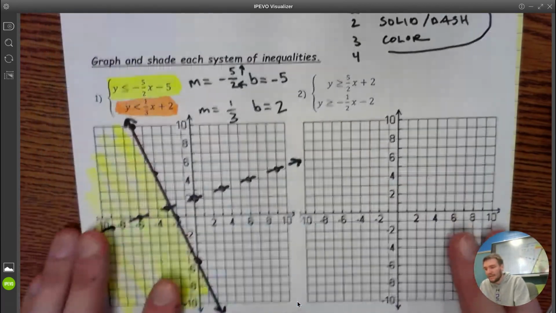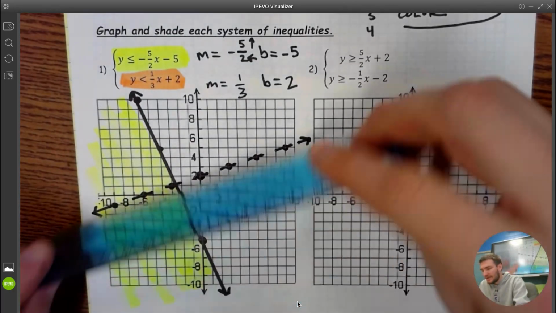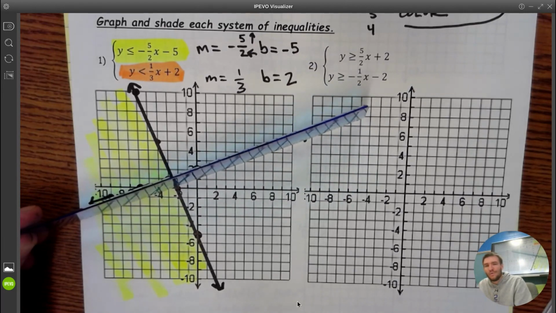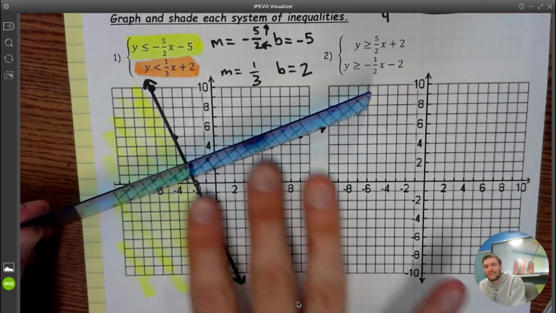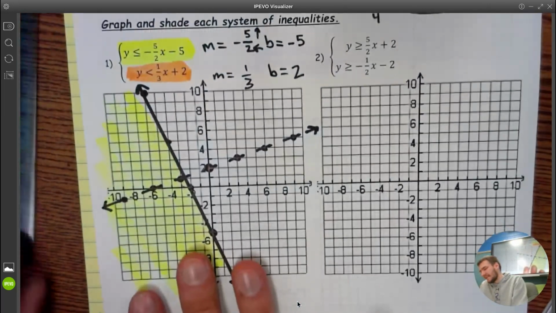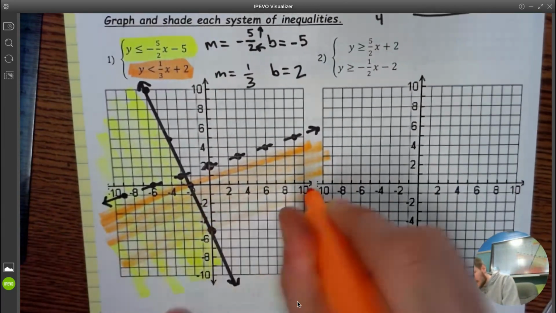So I need to color below this line. So here's my line. And below this line would be down here in this region. This is the below side. I'm going to color all of this. Doesn't have to be perfect, but I'm going to go all the way across like that.